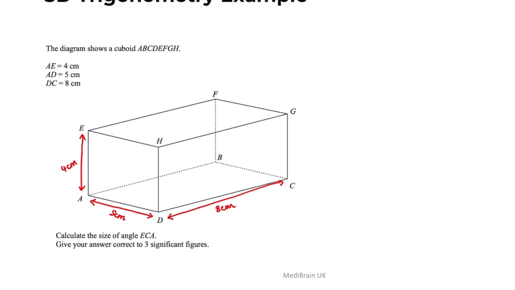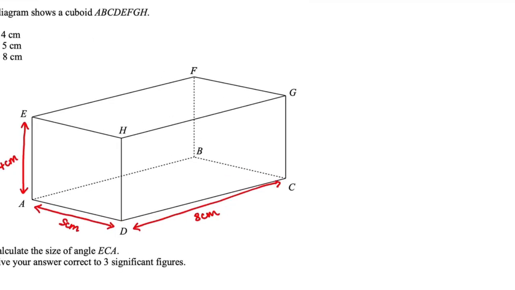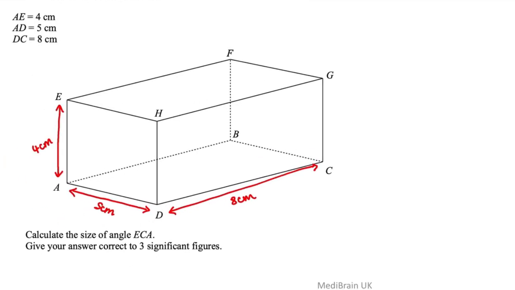It says calculate the size of angle ECA. Now ECA, where is that? If we draw that out, this time we're going to draw a triangle ourselves. So E to C to A. That's what we're going to draw. So E to C is this to A. That's the triangle that we're going to be using.